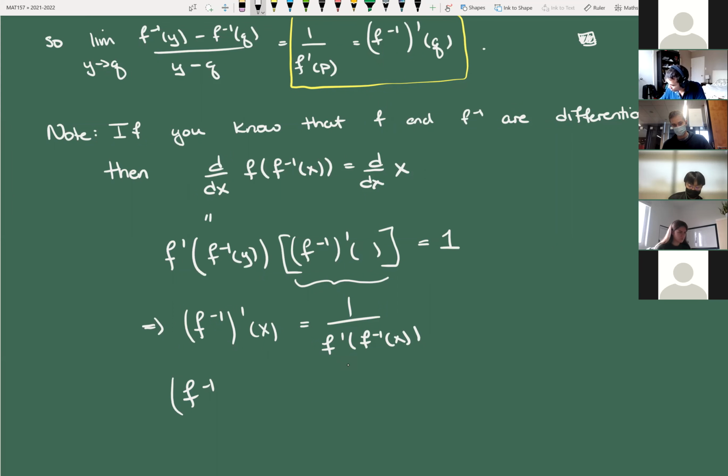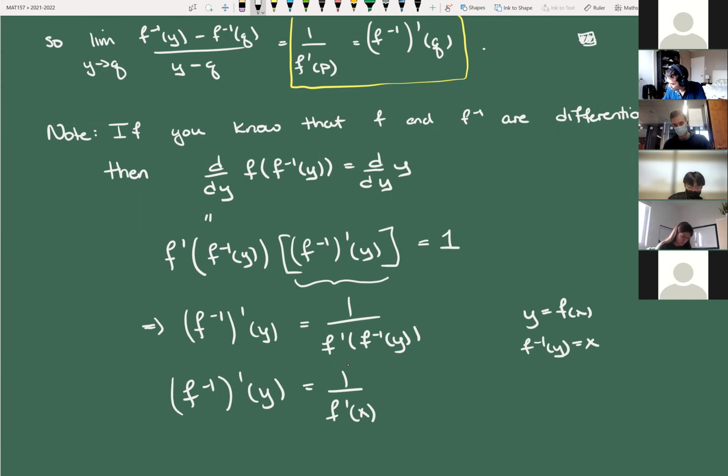Let me change this to y, because that's what we were using above, and I don't want to confuse you in notation by interchanging the roles of x's and y's. So I've changed all the x's to y's. Now I'm going to say y is equal to f of x, and if I don't want any f inverses to show up, I get that equation.